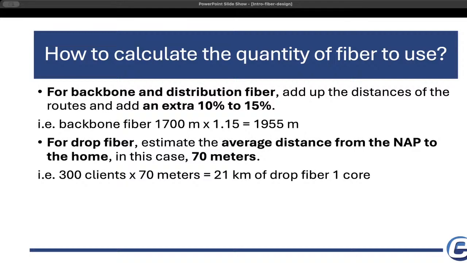So how do you calculate the quantity of fiber to use? Well, for backbone and distribution fiber, add up the distances and add an extra 10 to 15%. I'm not trying to sell you more fiber in a sleazy way. It's just a recommendation of correct practices. If you add 10 or 15% extra fiber to your calculation, you're not worried about running short.